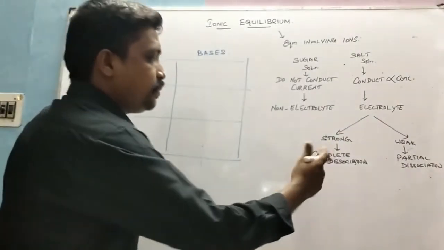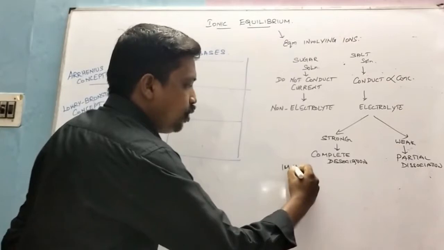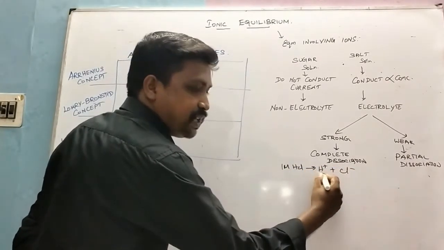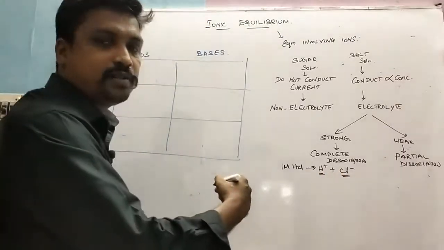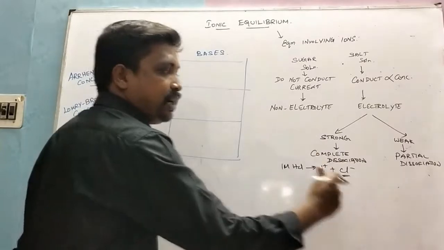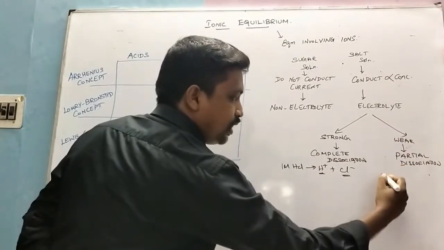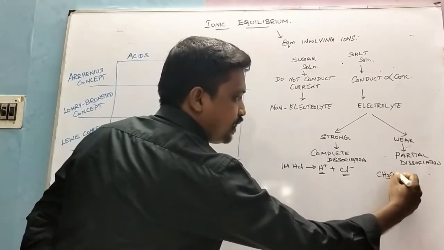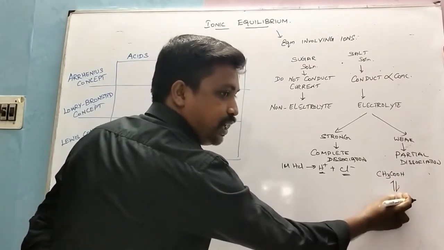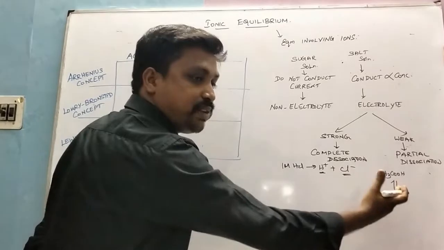Let us see an example. For example, 1 molar hydrochloric acid will dissociate into 1 molar H+ ions and 1 molar chloride ions, that is 6.023 x 10^23 H+ ions and 6.023 x 10^23 Cl- ions. That is a strong electrolyte. Similarly, consider a weak electrolyte, for example acetic acid. Here, note the arrow mark I am using: it is equilibrium, a reversible reaction.